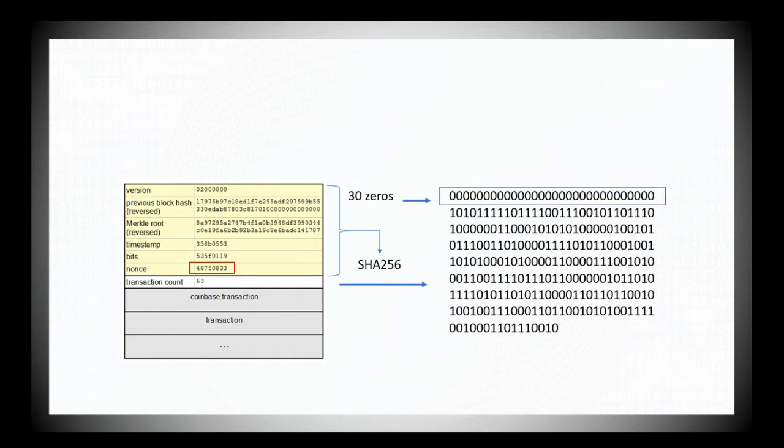How hard do you think it would have been for me to find this nonce that gives me 30 leading zeros in front of the hash? Well, for a random message, the calculation will show you that it's roughly 1 in a billion. So it is quite conceivable that I would have had to go through a billion tries before I find the right nonce that gives me a hash that has 30 leading zeros.